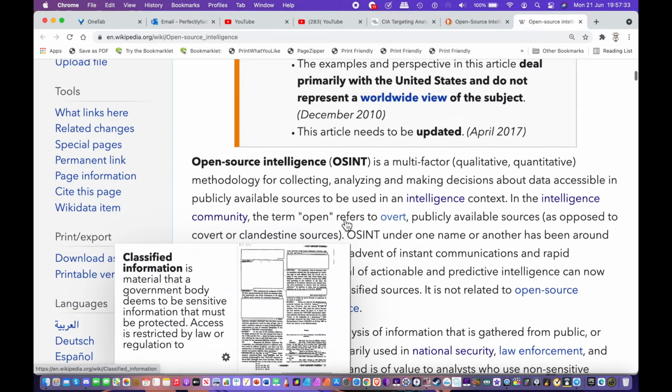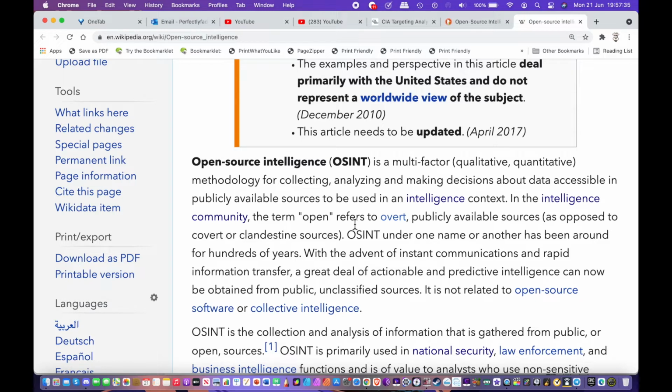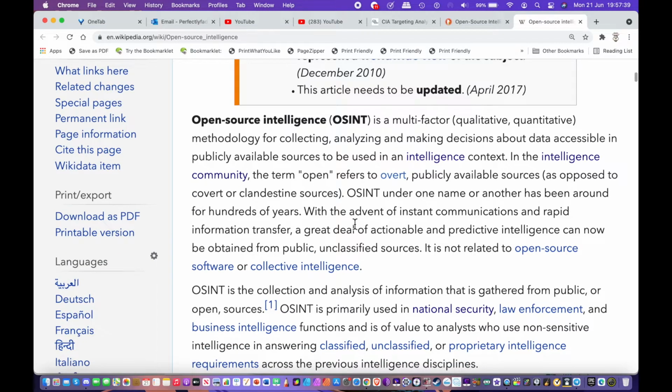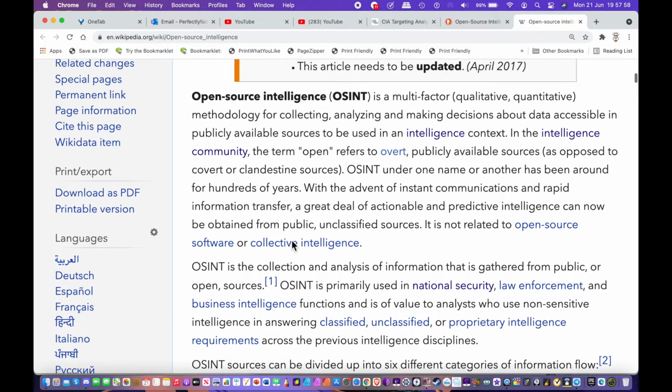Okay, so let's try and... So, it's basically stuff that you find on the internet or in public places, like libraries and newspapers and such. I think they're trying to say.